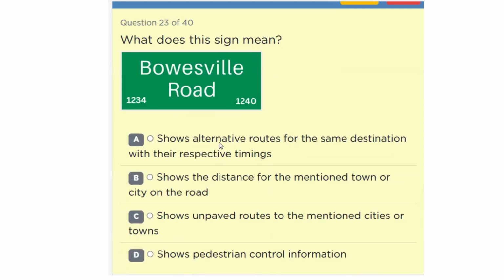Choose alternative routes for the same destination with their respective timing. It has to be one of these two, but I don't know. Could be this.